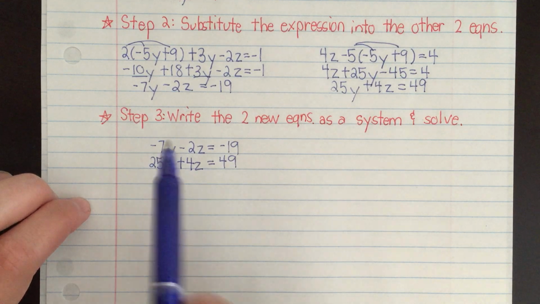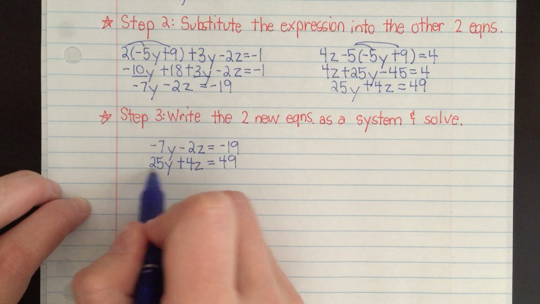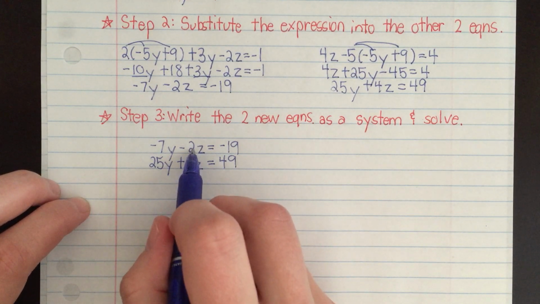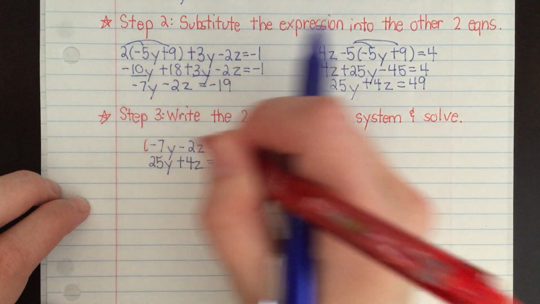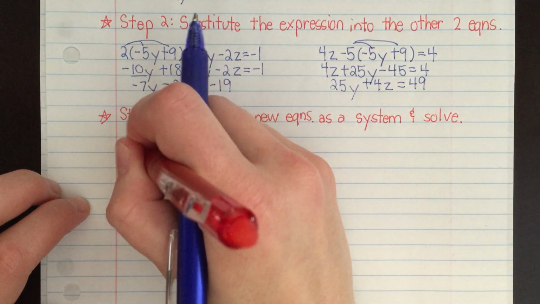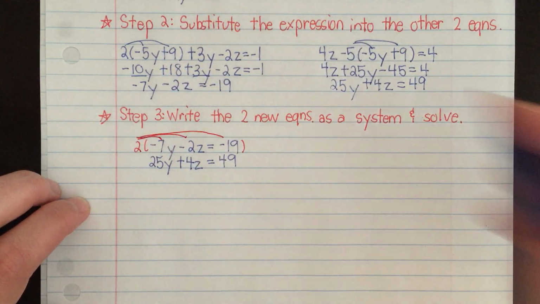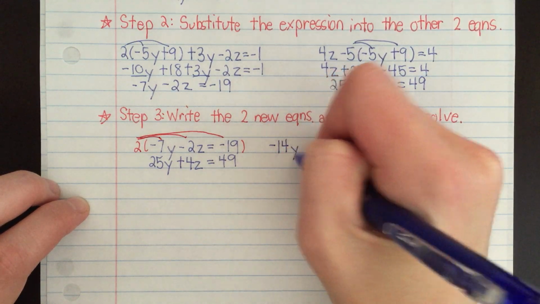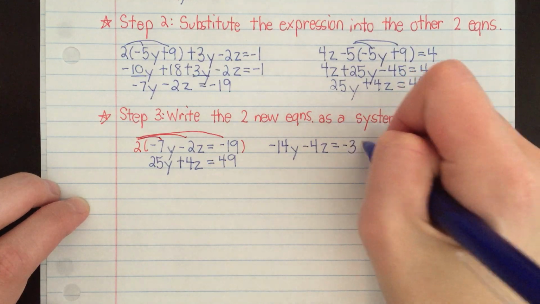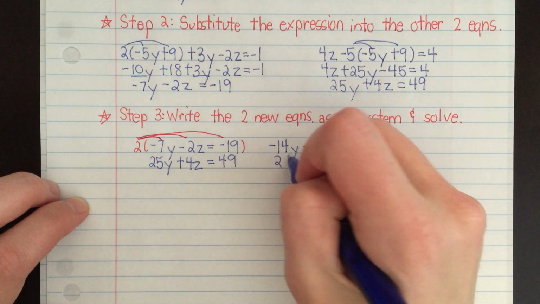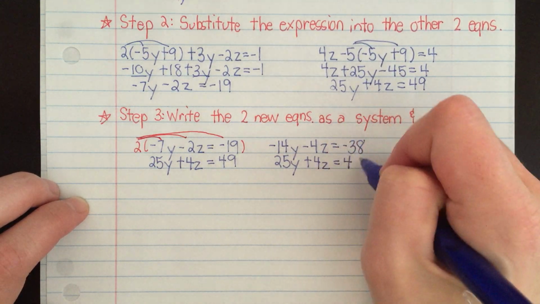I look at these two equations and I say, look at those two numbers. If I went to add this up, I could easily cancel z if I multiply this top equation by what? You're screaming at home, right? 2. So if I multiply this top equation by 2, negative 14y minus 4z equals negative 38, and then rewrite the bottom as it was, 25y plus 4z equals 49, and look at that.